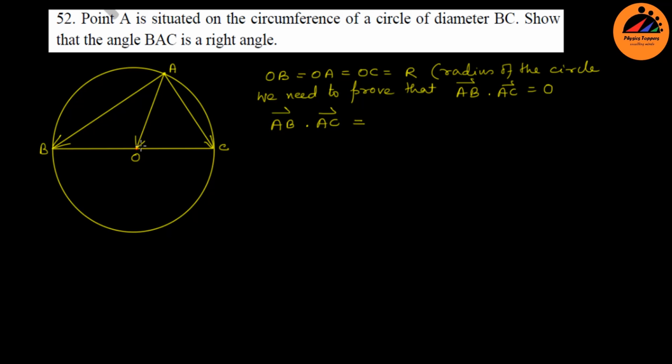AB is AO plus OB. All are vectors, right? OC is also a vector. So AB we can write as AO vector plus OB vector, dot AC, which is AO vector plus OC vector.